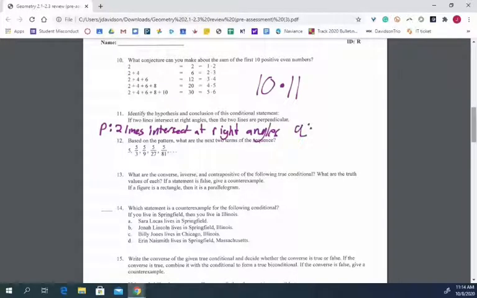The Q, the conclusion, sorry, is the then part. 2 lines are perpendicular. That's the symbol, by the way, for perpendicular.